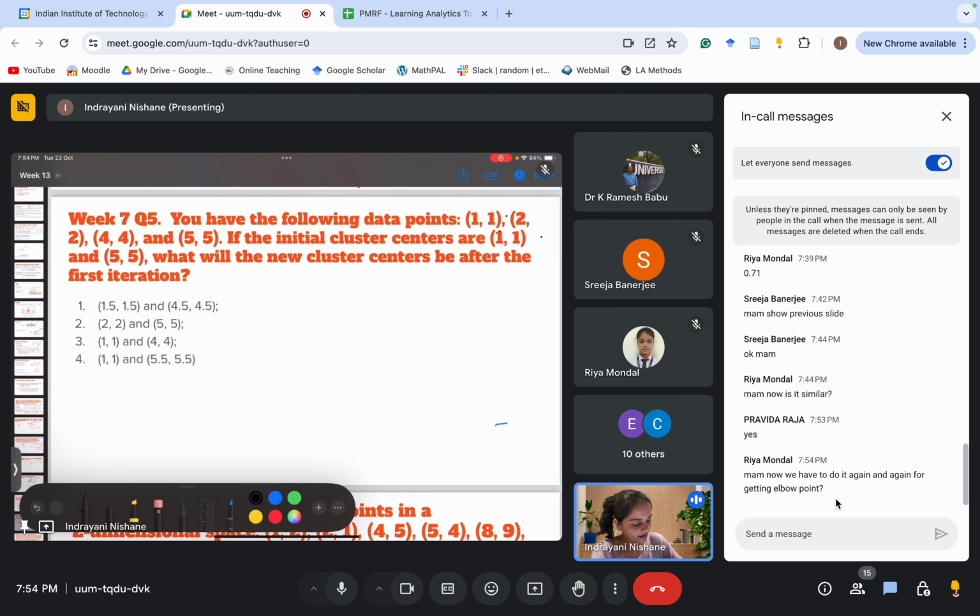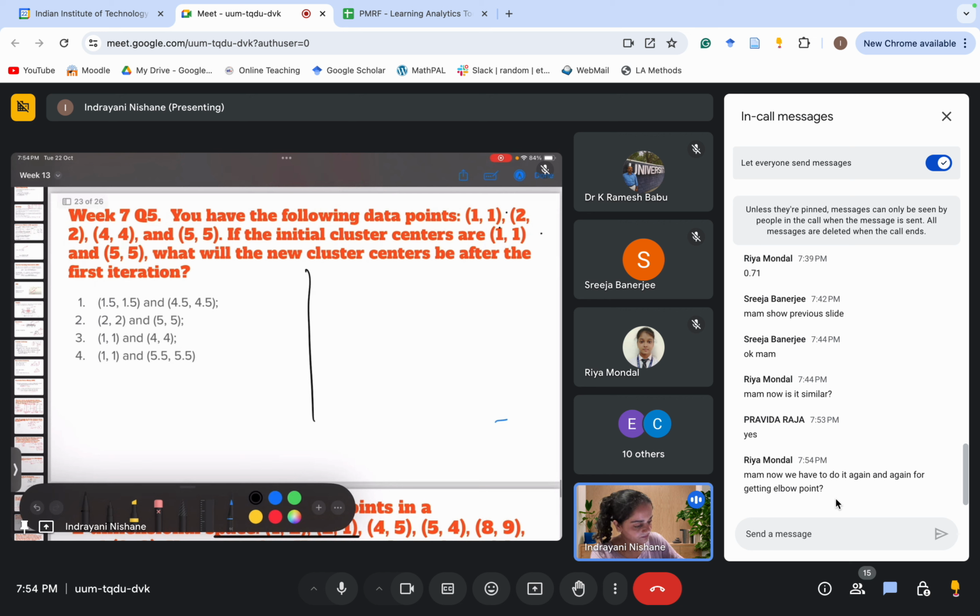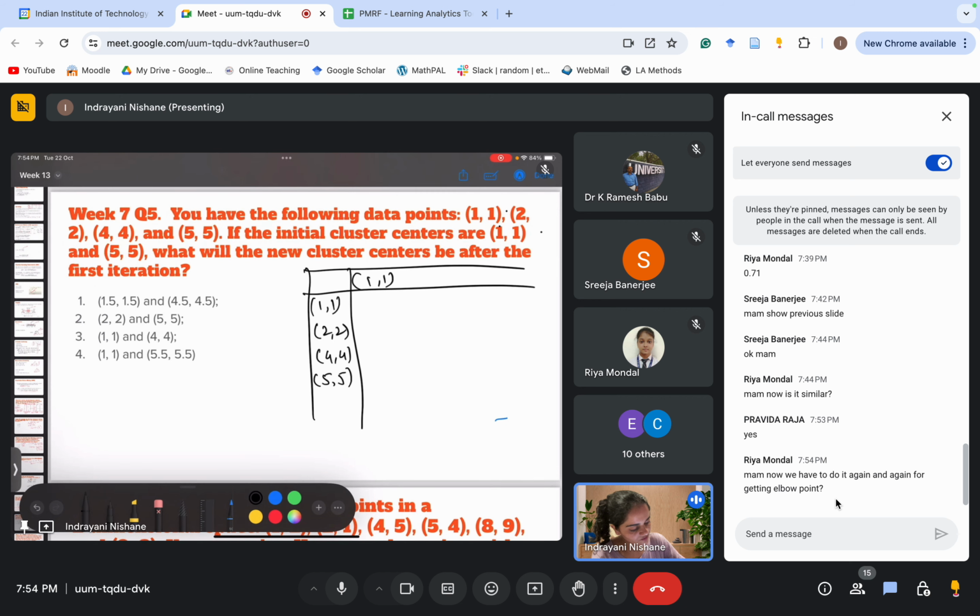We will do it again. We will make a table. Let us write down all the points here, and center 1 is 1 comma 1 and centroid 2 is 5 comma 5.